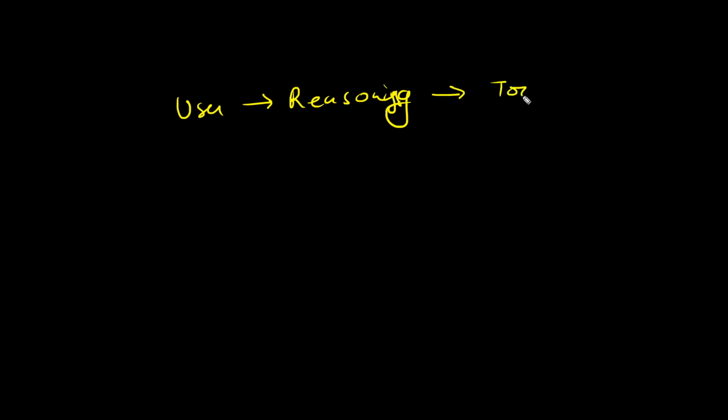Then it goes with a tool selection process, which means LangChain replies with something like, I want to use the get gold price tool with input like today. Then it goes with a tool execution phase, which means LangChain runs a function or API with that input.